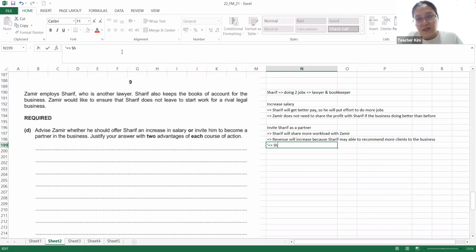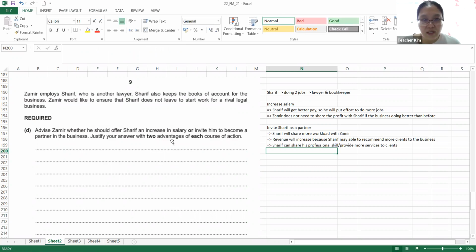Sharif can share his professional skill or expand or provide more business, more service to clients. Okay, so this is the answer that we can use for this.